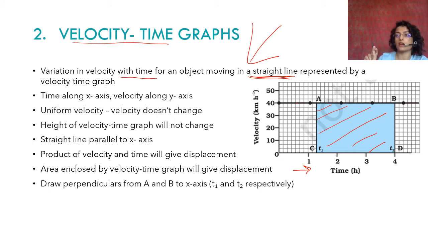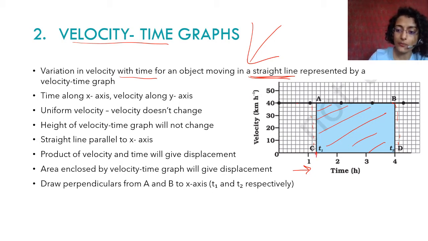You can take any 2 points anywhere as T1 and T2, and then calculate the area. For example, you take point A here and point B here. You draw a perpendicular on the x-axis, which will be parallel to the y-axis, and it meets at these points.